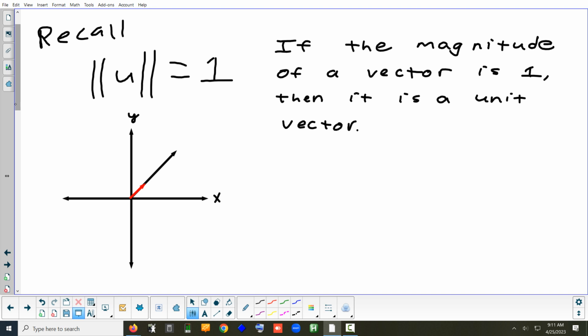Well, if it's too long, we may have to shorten it. If it's too short, you may have to lengthen it. But the goal is going to be to somehow get a vector that always has a length of 1. So let's look at a couple examples and see if you guys see a pattern. Let's say I had a vector that has a certain length.